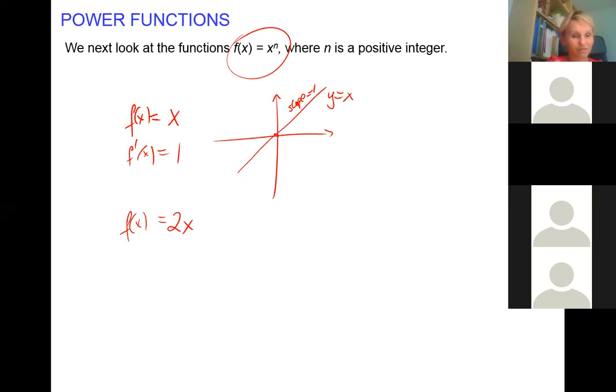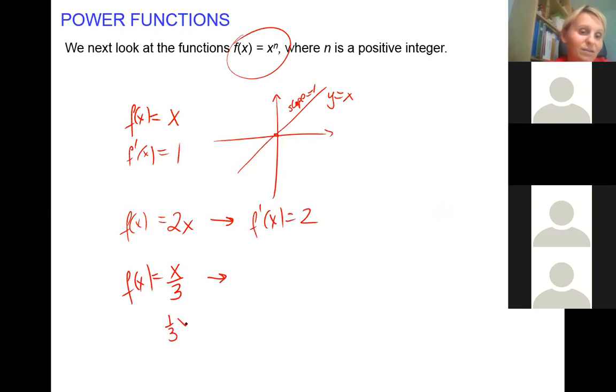Slope is the derivative. Great, excellent. I can write down, the derivative is 2, and we don't have to do anything. What about this one, x over 3? What is the derivative of this? It is 1/3, of course, because it's simply 1/3 x.